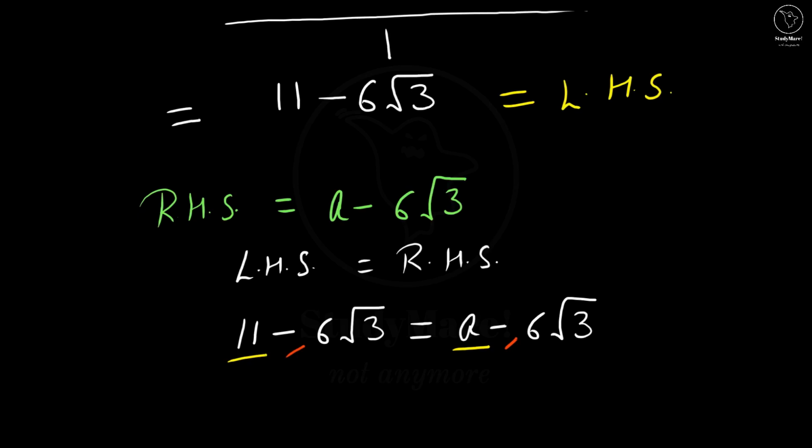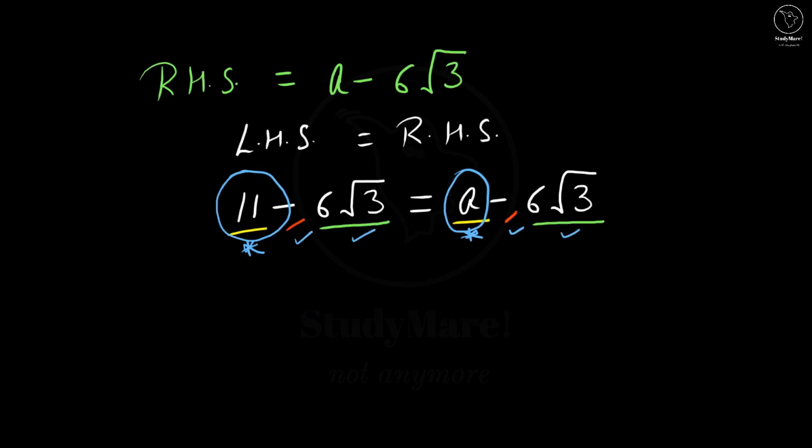And then we have 6 root 3 here and 6 root 3 here. That means 6 root 3 we have at both the places, and minus at both the places. The only difference we have is here. On LHS we have 11, while on RHS we have A, which simply means that these both are equal. Therefore, A is equal to 11, and that is our answer.